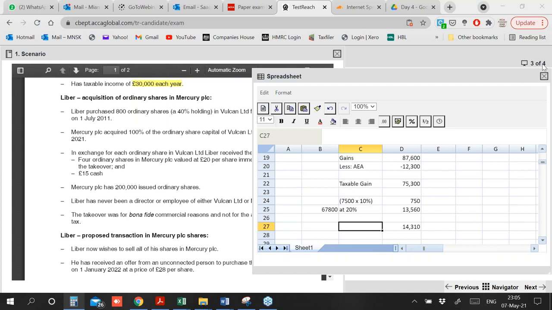So what will be the advantage? Spot on, Johannes and Fawad, one of the advantages is a separate annual exemption available. Then the second, spot on Fawad, the basic rate band will be available again next year as well, provided that her income continues to be 30,000 next year.